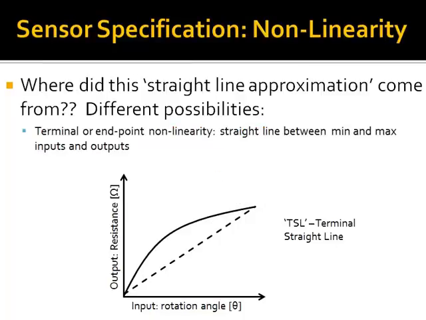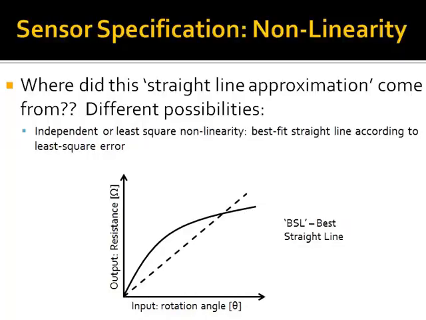I also want to mention that the way that this best fit straight line is found might be different depending upon the sensor manufacturer. One possibility would be quoted as TSL. That stands for terminal straight line. In this case, the best fit straight line simply connects the minimum and the maximum points in the input units.